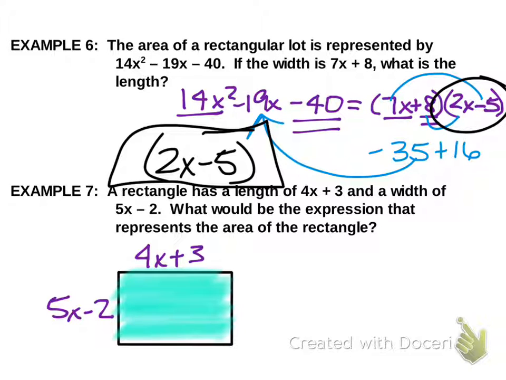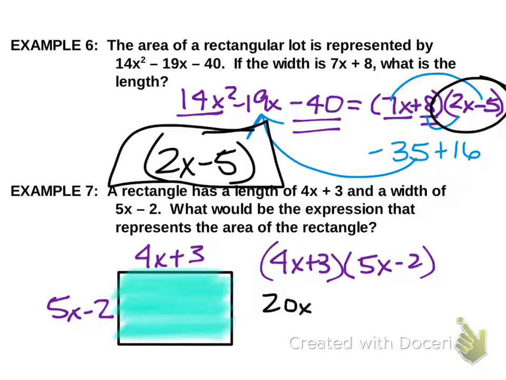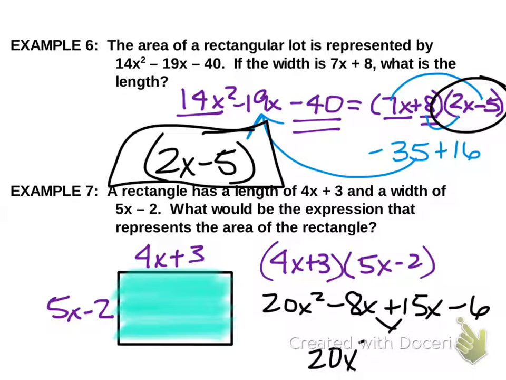So now I'm going to multiply those two together. So 4x plus 3 times 5x minus 2. First, outside, inside, last. We have 20x squared minus 8x plus 15x minus 6. These two get together, so we have 20x squared plus 7x minus 6.